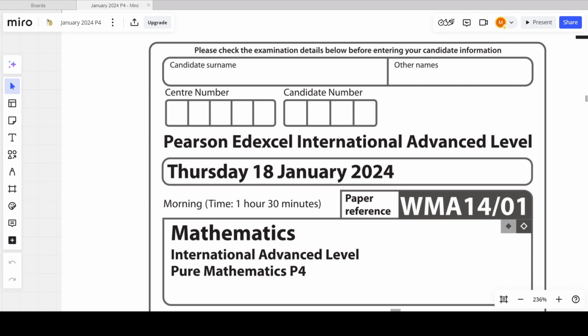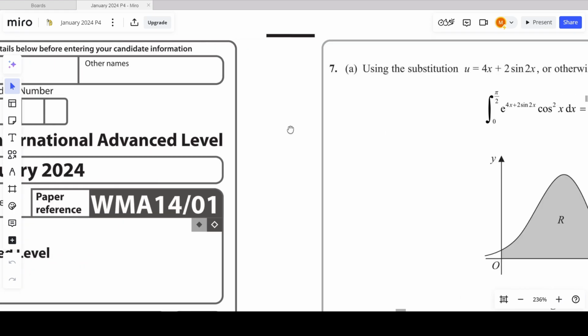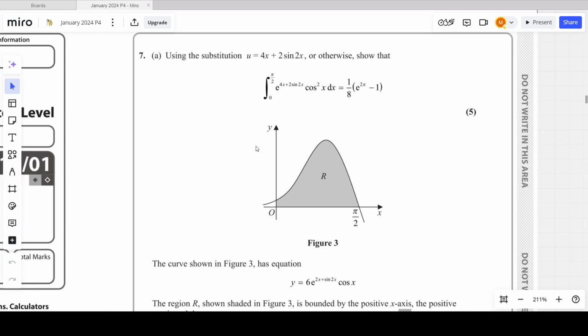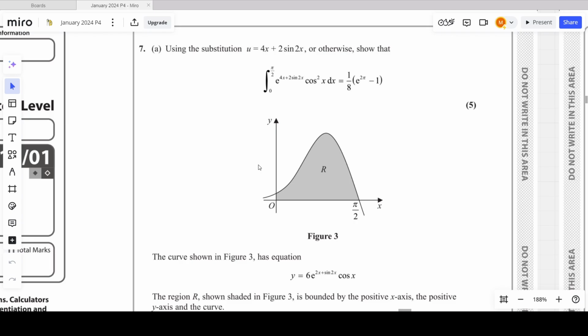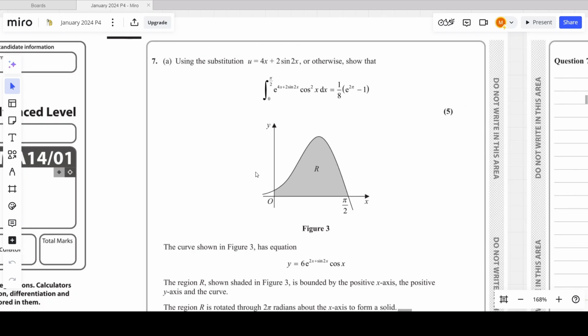In this video we will be solving question number 7 from the P4 January 2024 paper. Question number 7 is from the integration topic of your P4 syllabus.